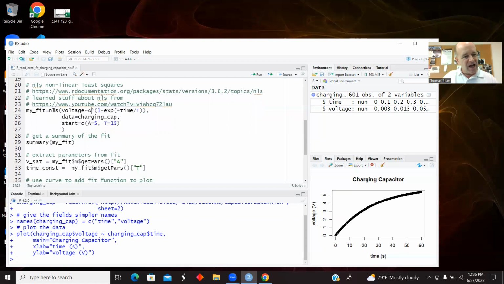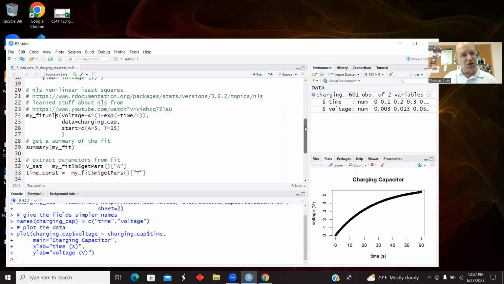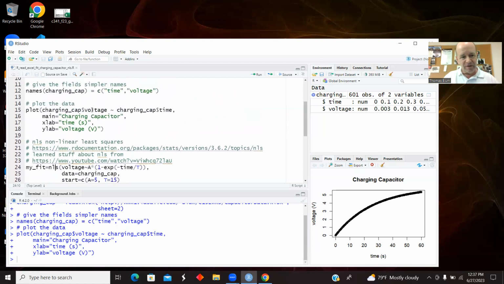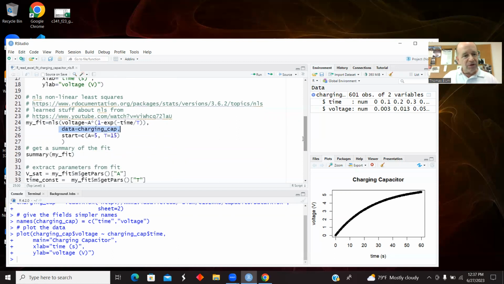And so we're using this NLS method, and I'm saying that the voltage is the data I've named voltage. And down here, in the second argument, I'm saying that I'm dealing with the charging underscore cap data frame. That's what I called my data frame. So I specify in the second argument the data, and then up here the y in the data was called voltage.